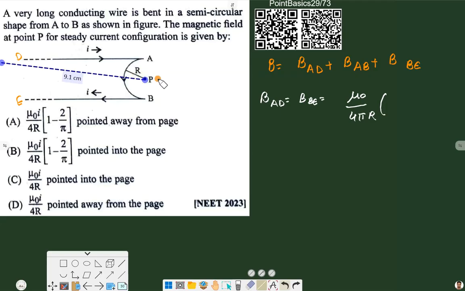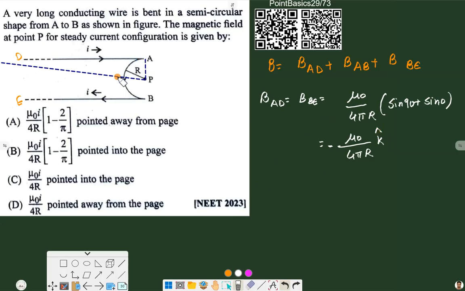So here the angle will be 90 degrees, and here the angle will be 0 degrees. So we will get sine of 90 plus sine of 0. So it will effectively be mu naught by 4 pi r, and both of these fields will be equal, and both will be negative, in the into-the-page direction, so negative k.